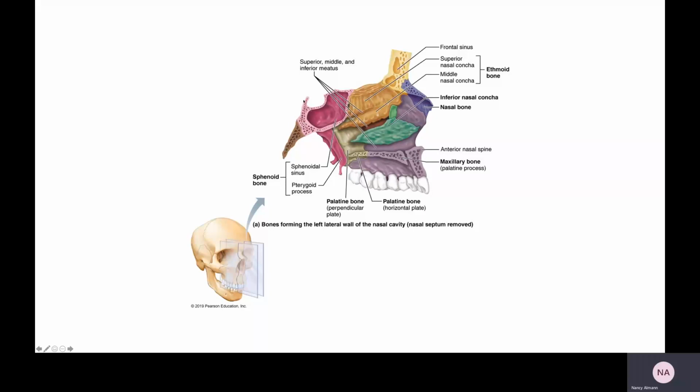This is going to be that little satellite structure, the sella turcica. Here's the superior nasal concha, here's the middle nasal concha, and here's the inferior nasal concha. Here's the nasal bone. This is going to be the maxilla. Here's the frontal sinus coming through there.